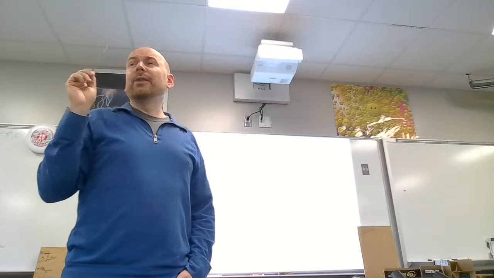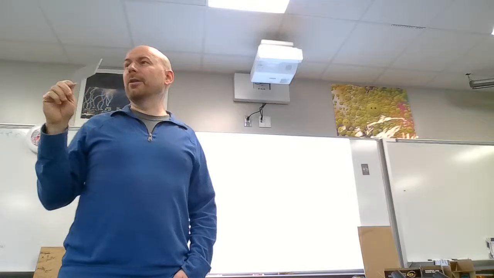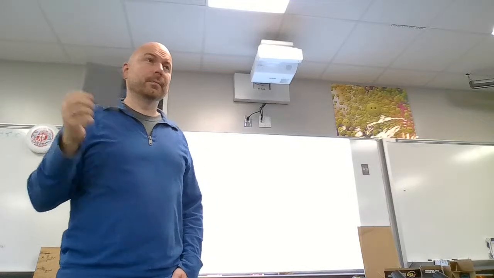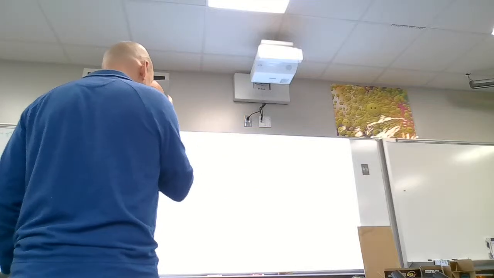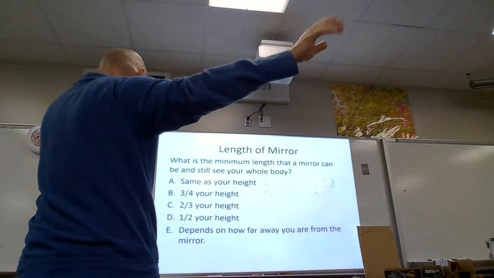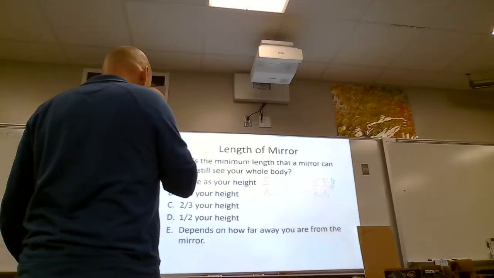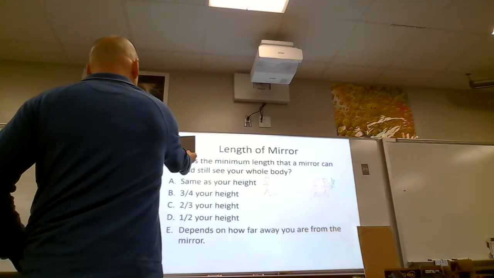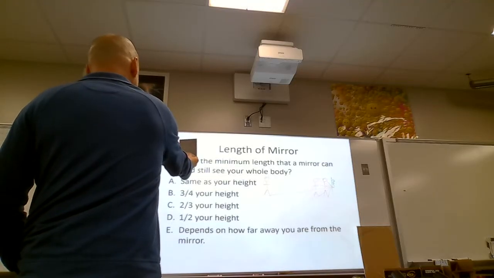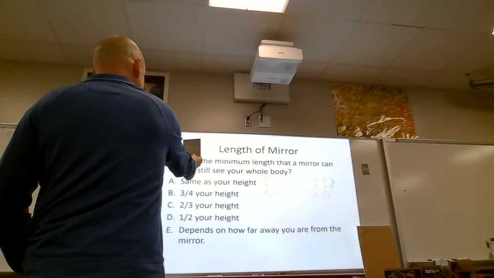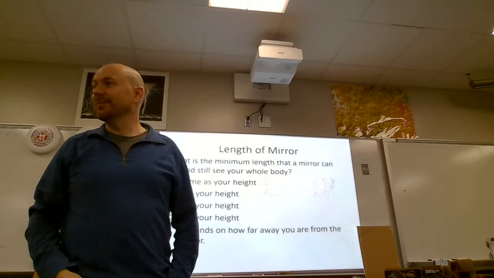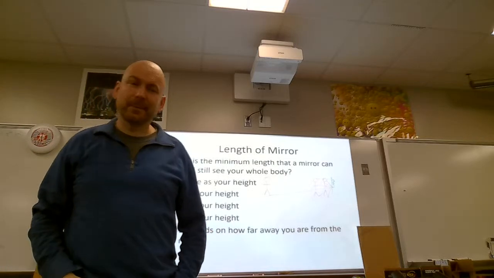Now, this does not apply when you're looking at other things. So when I'm doing this, I can see half the classroom over here when it's close. But when it's right here, all I got is Sam. That makes sense? Okay?